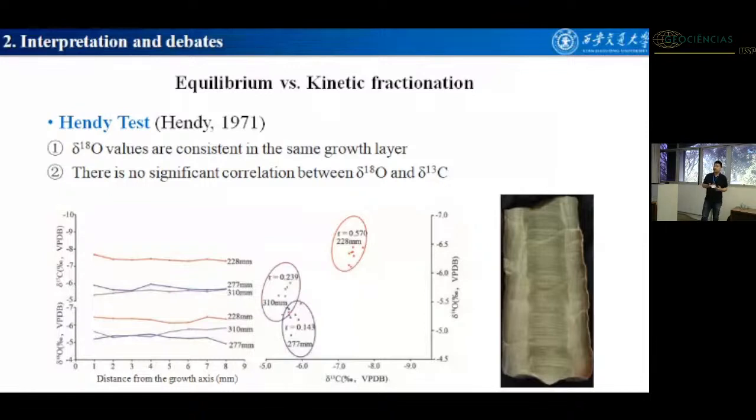If kinetic fractionation happened, the delta O18 values on the edge should be higher than in the middle. Second, there is no significant correlation between delta O18 and delta C13. That's because when kinetic fractionation occurs, it results in an increase in both delta C13 and delta O18, so it can lead to a positive correlation.